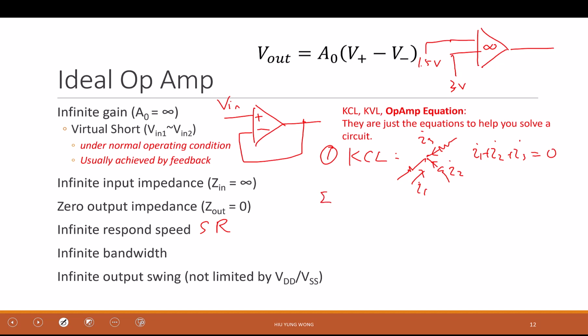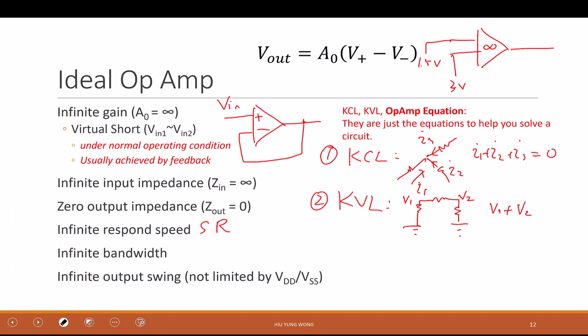How about KVL? Well, just any system, for example, this one. If this is V1, this is V2, right? Then, of course, I know that V1 plus V2, right?